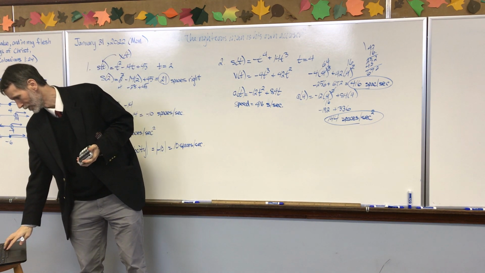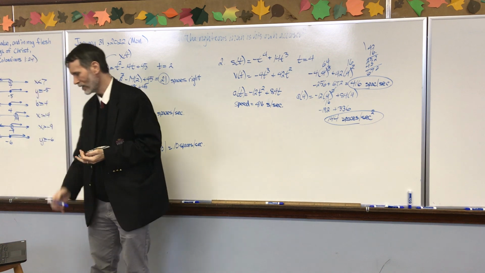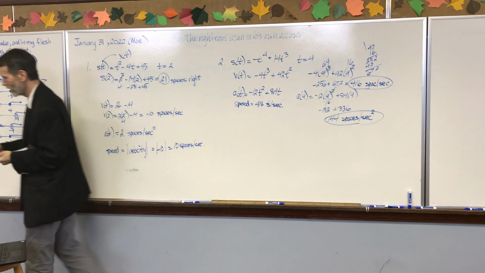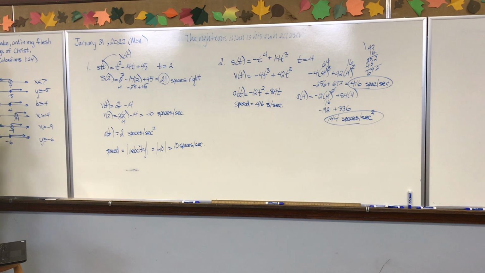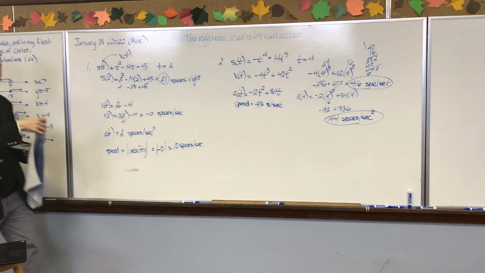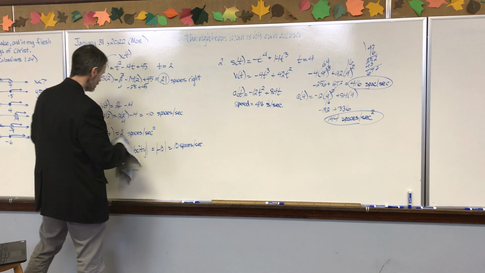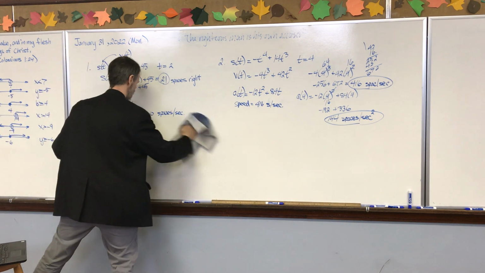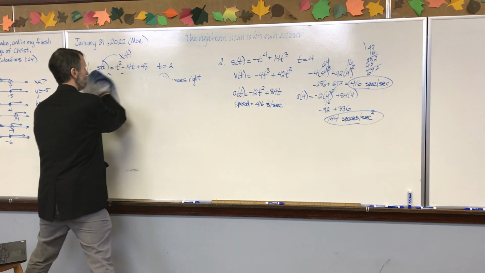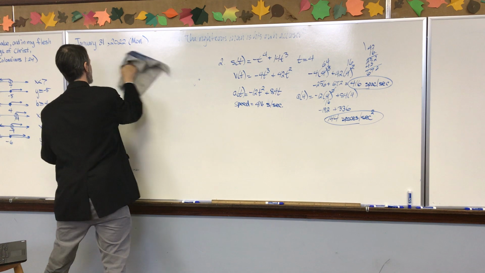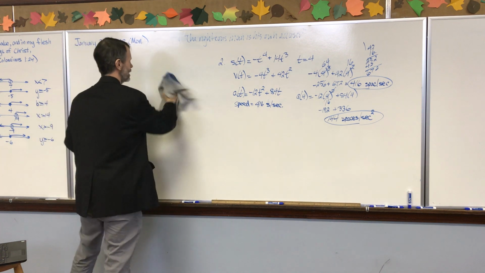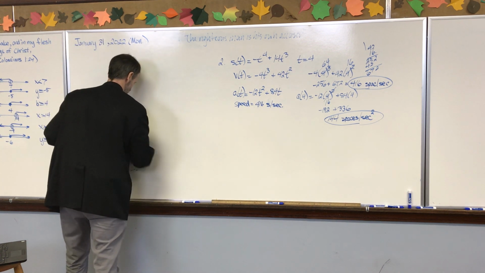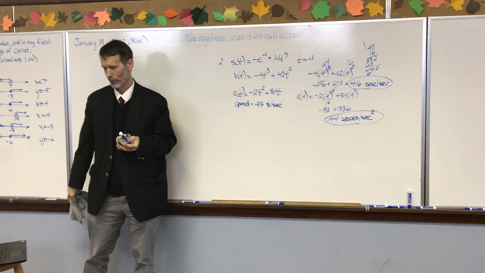Let me look. Number 3. S of t is t to the 4th minus 12t cubed. Take out your graphing calculators. I want to show you something. I don't want you to get reliant on this, but go to the y equals screen.